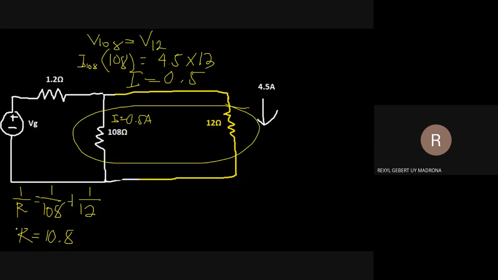So to find the current flowing in the 10.8 resistor, you just need to add the currents before they were combined into 10.8. That is I equals 0.5 and 4.5. So the current that would flow in this resistor would be 0.5 plus 4.5 equals 5.